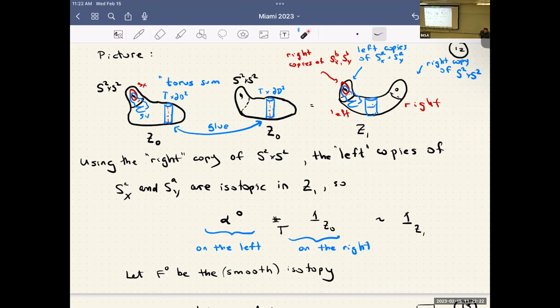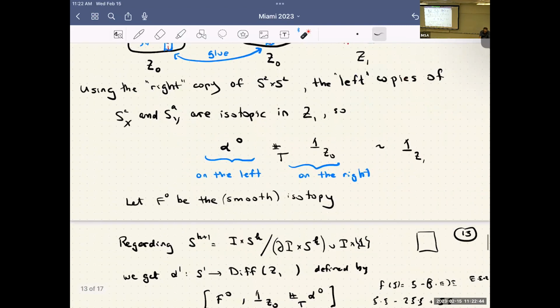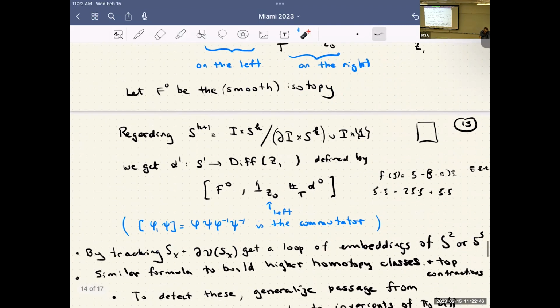So if I do this interesting diffeomorphism on the left part, and connect sum along this, and add the identity on this part, that's isotopic to the identity on Z. It's a slightly more complicated manifold, but not too bad. And maybe F is the name of the isotopy.